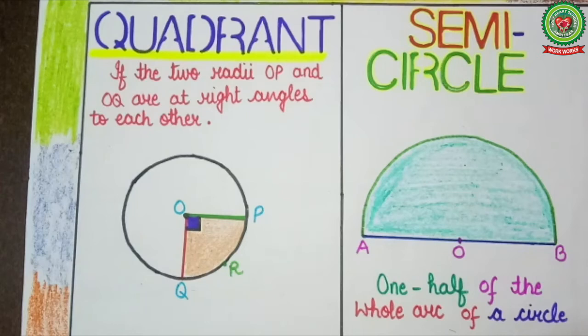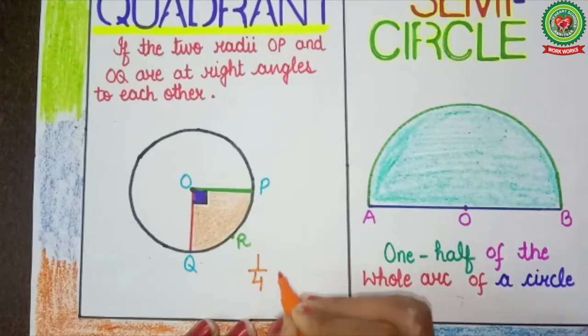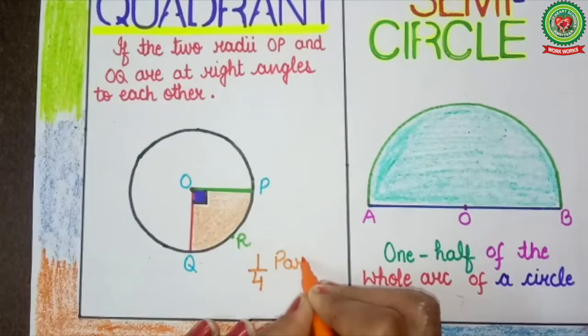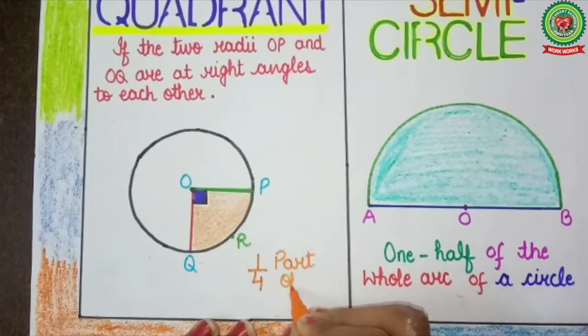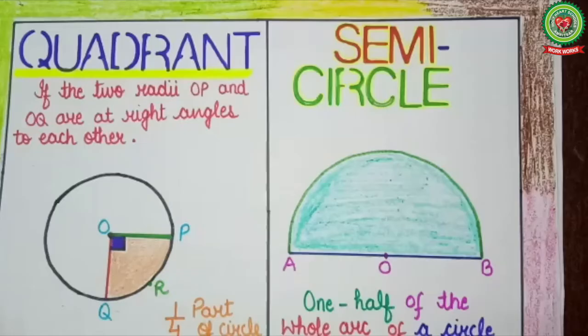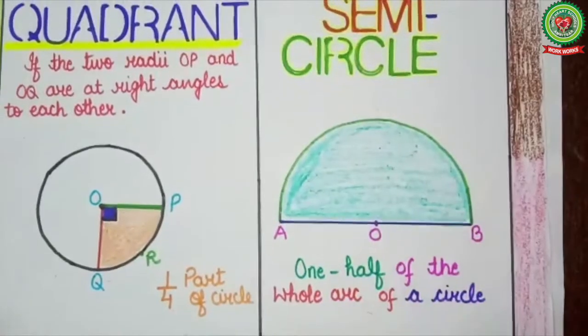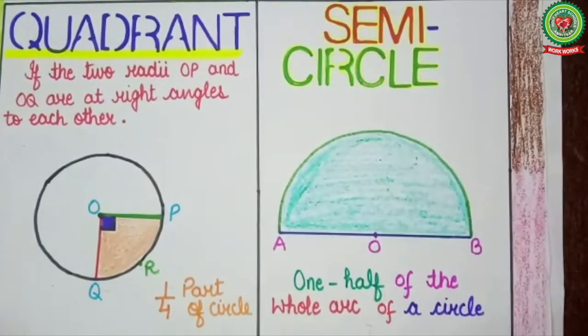Now, quadrant is also 1/4 part of the circle. That means if we join 2 quadrants, it will make one semicircle. Half of the circle is known as semicircle.